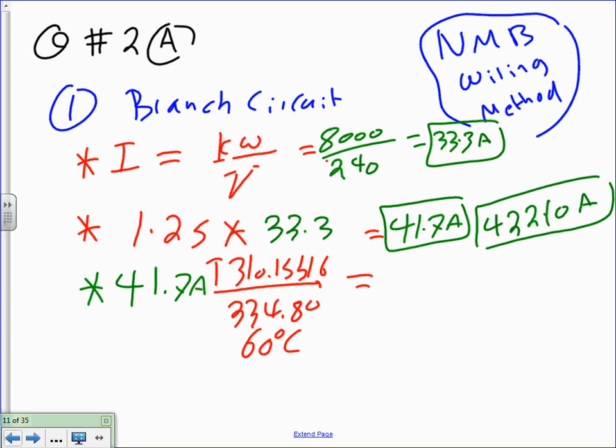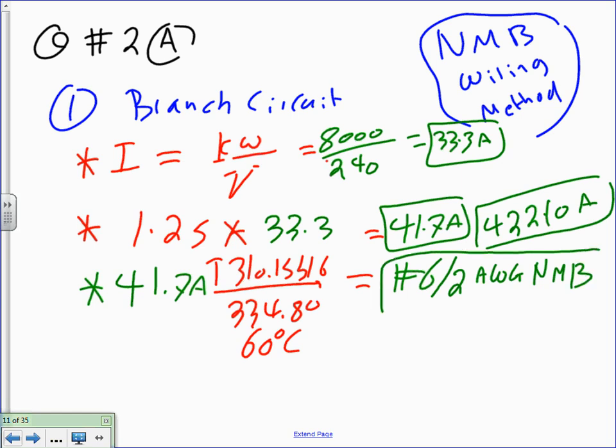Under 60 degree, this will be number 6. How many conductors? 6-2 with ground, NM-B cable. 6-2. Do I see a second here? Nope. 6-2. Okay.